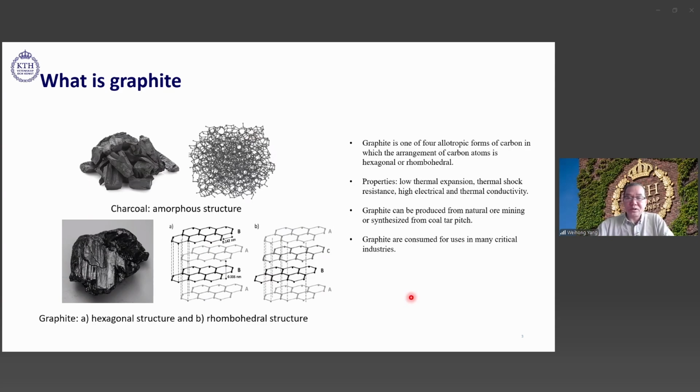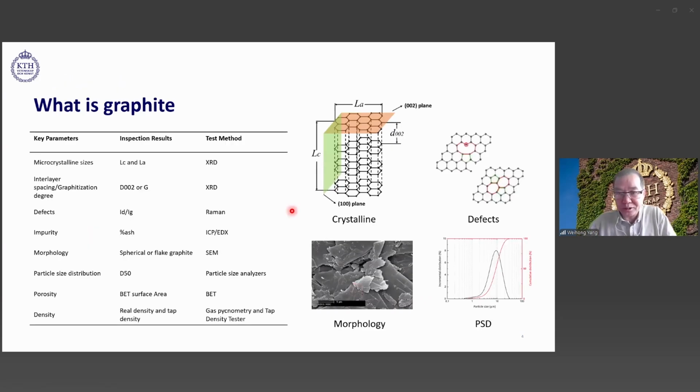When we talk about graphite, what are the important parameters? In principle, there are three. One is D002, which means the distance between the graphite layers. Of course, if there's only one layer, that is graphene. If it's less than 3 or 4 layers, we call that few-layer graphene.